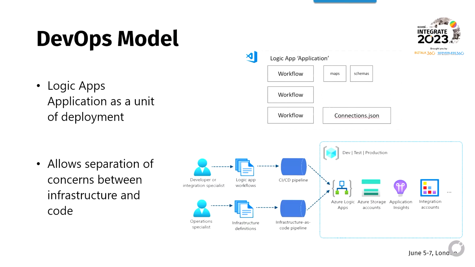We know there are some dependencies that are a little more tightly coupled than we would like, especially when we're talking about connections and parameters. But you have the ability to deal with that and deploy infrastructure, then deploy code, or deploy code in multiple ways.